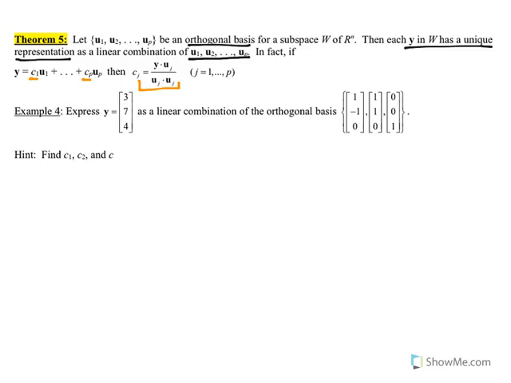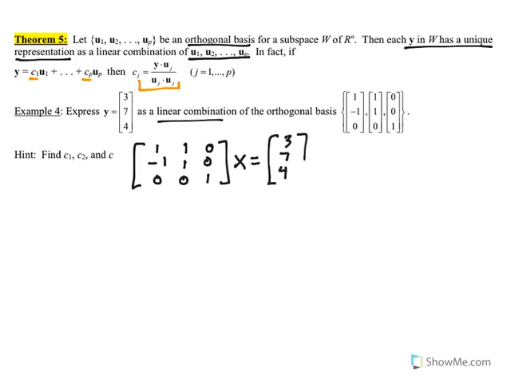So in example 4, when I ask you to express y as a linear combination of this orthogonal basis, what we're asking is, what would the constants be for each vector? Or, another way to say that, what would I need to multiply the matrix A by, there we go, so that I get 3, 7, 4.